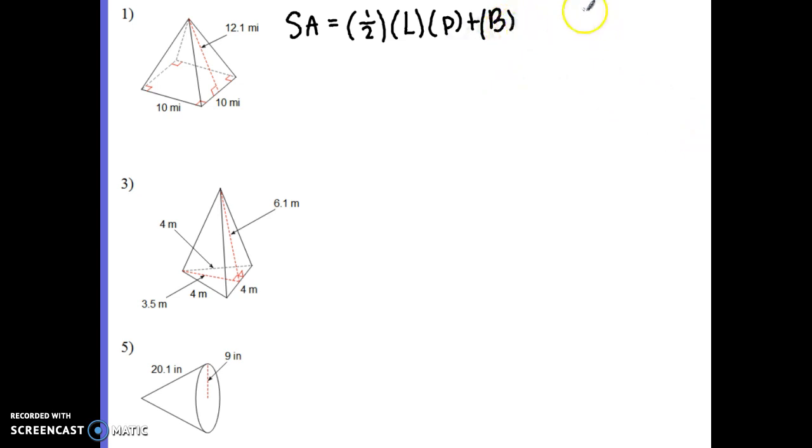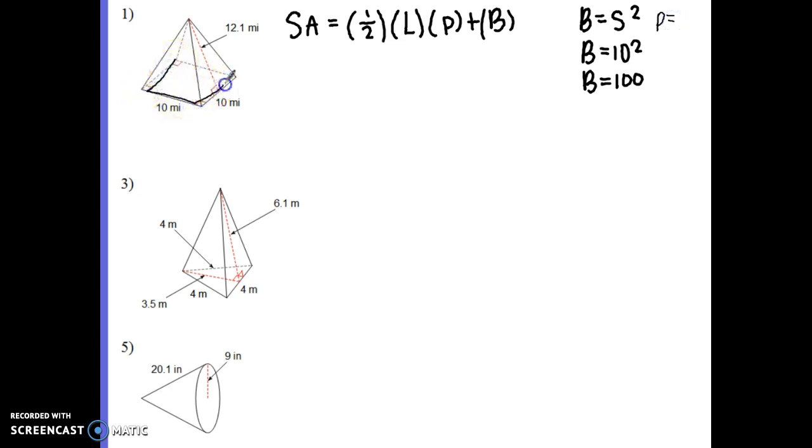I'm going to start off with looking for my base. My base here is a square, so I know that is side squared, so that's going to end up being 10 squared, which is, of course, 100. So I have my base done. My perimeter is going to be all my sides added up of my base.